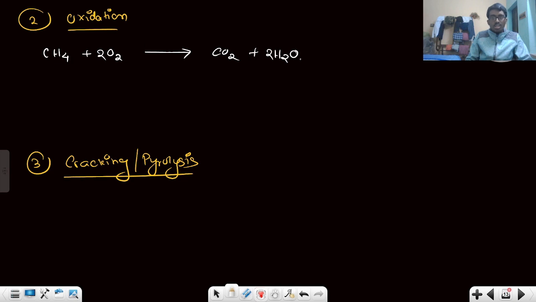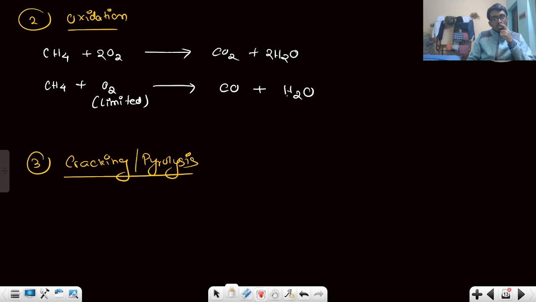Now, this is the normal case, when you burn it in the atmosphere. Now, if I give it less oxygen, or I do not burn it completely, what will I get? Incomplete combustion is also a factor, and very little oxygen is also a factor. If I do CH4 plus O2, and here O2 is a limited amount, limited air, there is incomplete combustion, so I am not going to get this, I am going to get this.